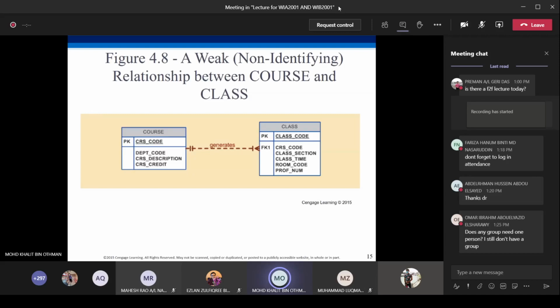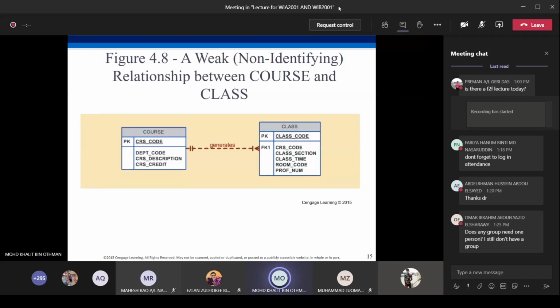Okay, figure 4.8 shows the weak relationship between course and class. Based on this diagram, we have the course entity and the class entity, or the course table and the class table. Under the course entity, we have attributes like course code, department code, course description and course credit.